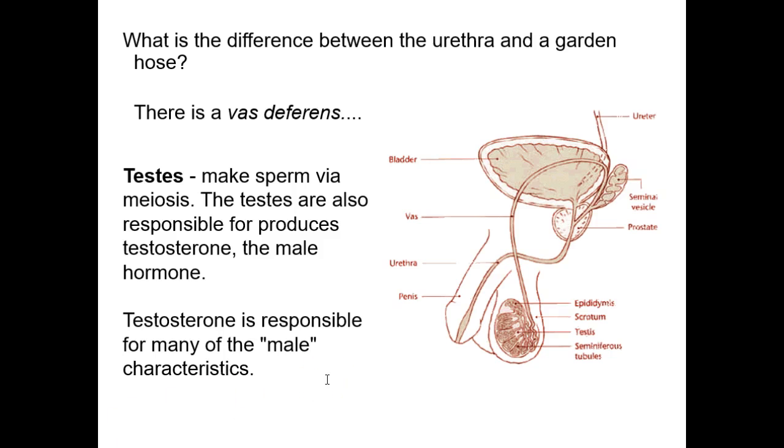So the difference between the vas deferens and a garden hose, little stupid joke, is basically that both of them are going to share the urethra. But to share the urethra, we're going to have to add a chemical, and that's going to be a pre-ejaculant, and that's designed to get rid of any urine that might be in the urethra.